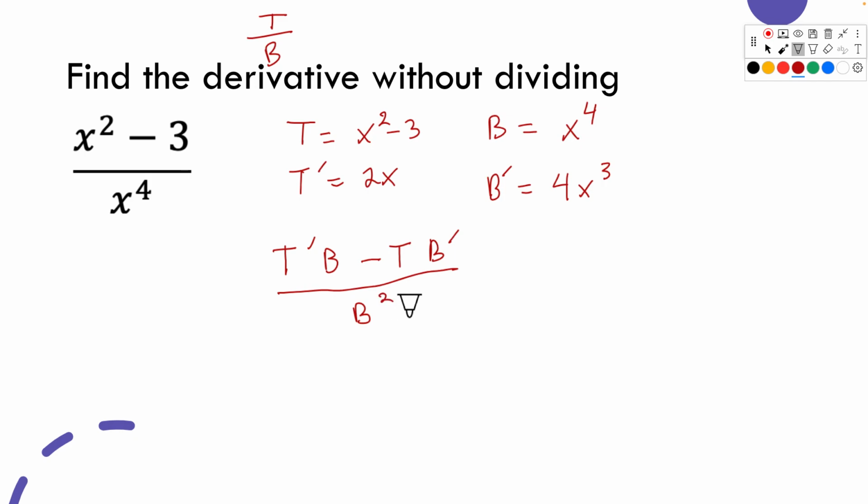Okay, I got all my pieces up there. I just have to fit them into this formula now, and that's going to be its derivative. T derivative is 2x, and the bottom is x to the 4th.